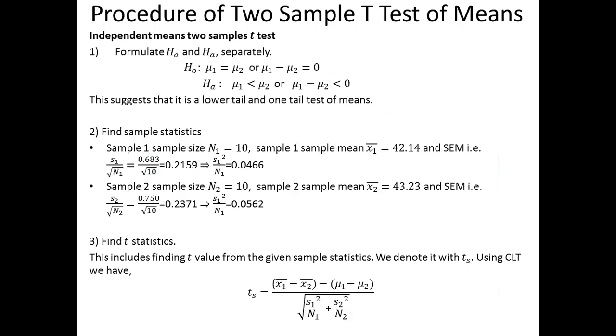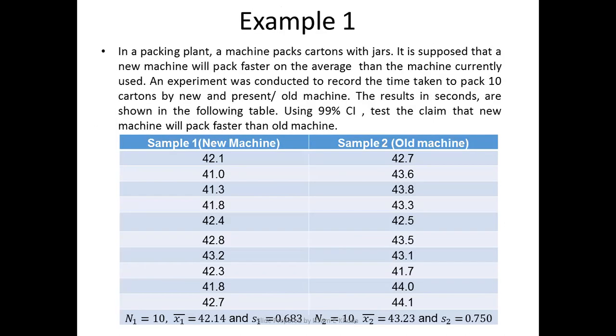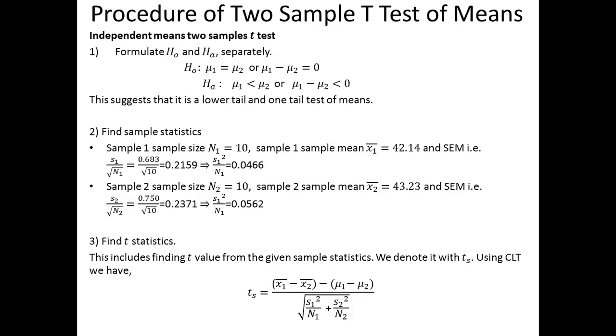So what's the procedure of the test? We first write the hypotheses, but before doing that, we must realize that this is an independent means two sample t-test because the samples are taken from two separate populations. So we write our hypotheses. The null hypothesis would be the standard null hypothesis for a two sample t-test of means.